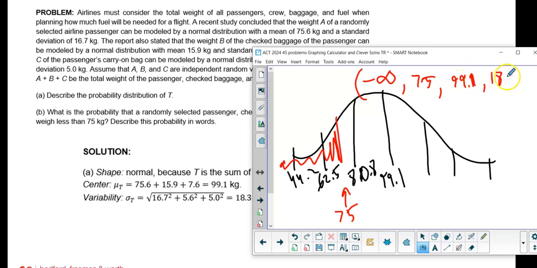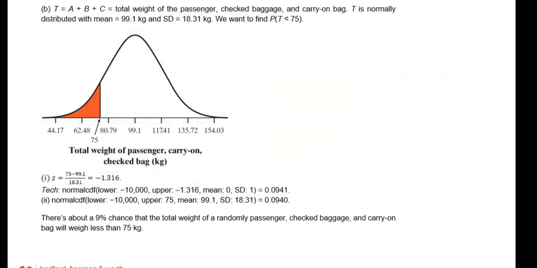And then of course you're going to label lower, upper, mean, standard deviation, and put it in to get your answer. And there you go. 0.0940, so 9.4% of the time.